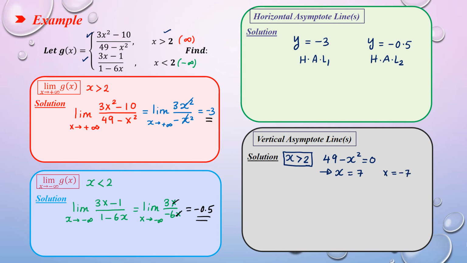Now we are talking about the interval x greater than 2. This function applies in the interval x greater than 2. Now x equals 7, it's okay because it belongs to the domain of this function. So this is the vertical asymptote line.